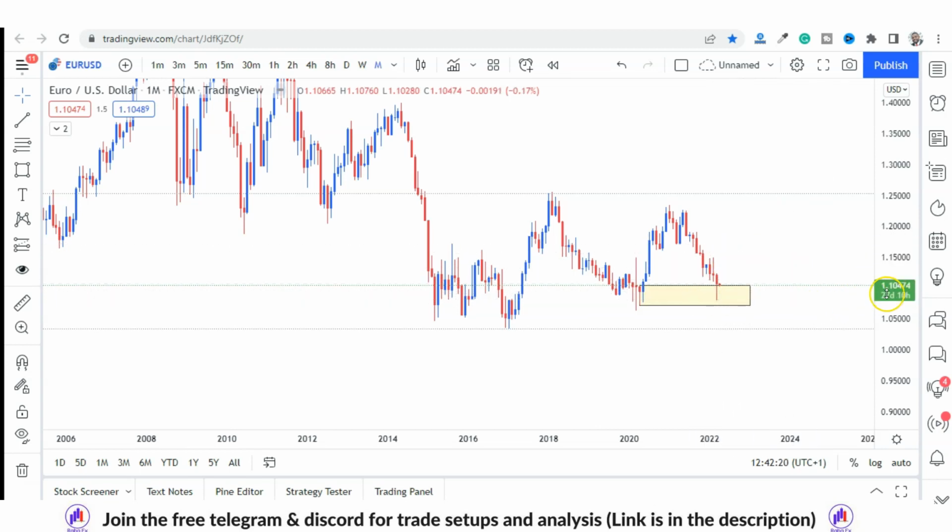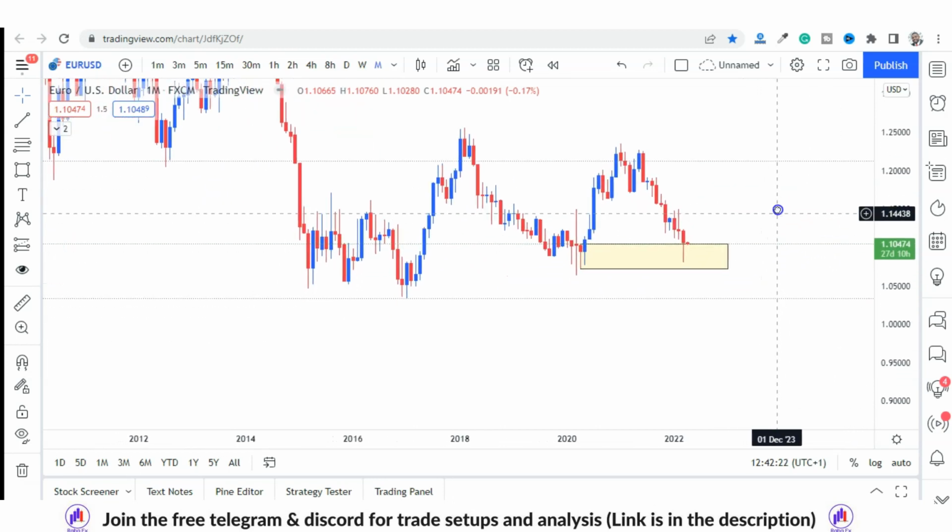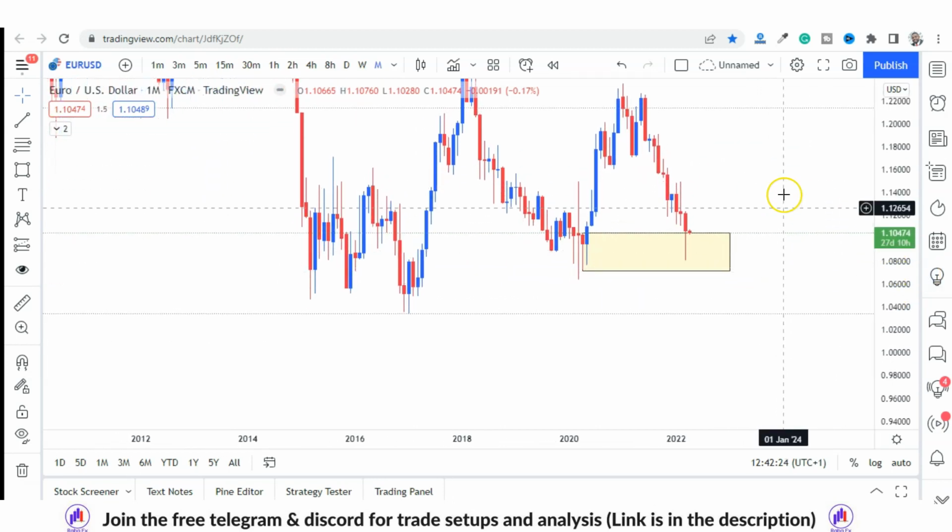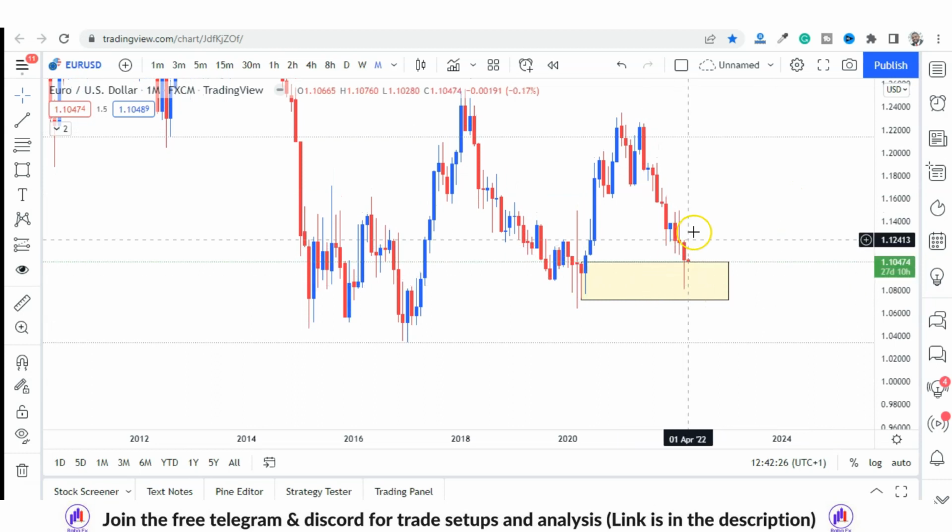But the way the market is, nobody knows with certainty what will happen. Since this month closes below the previous month, we can expect a further push down, probably to mitigate some of this demand that has been introduced, because this week indicates a strong demand that has come into the market, willing to take this market to the upside.